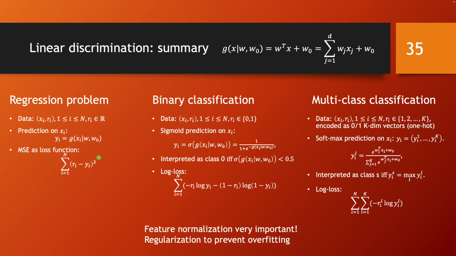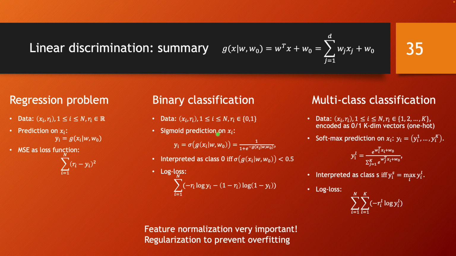In the case of regression, the prediction is simply going to be the result of this linear function. And to train the model, you are going to look at a loss function based on the minimum square errors. For classification, the situation is just a little bit different if you have a binary classification or a multi-class classification.